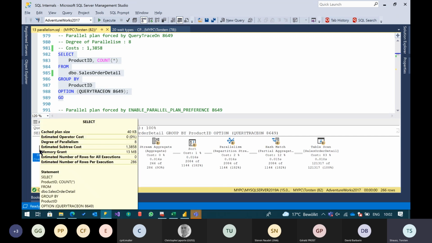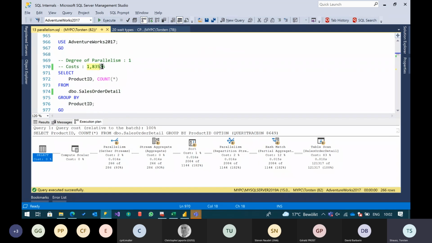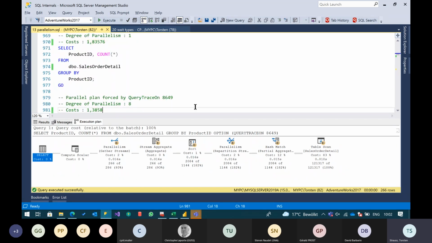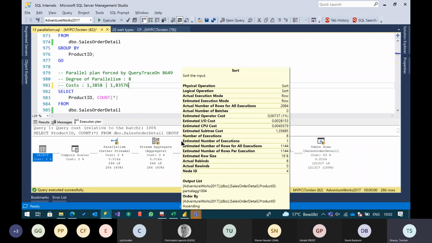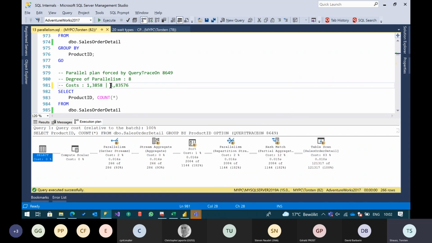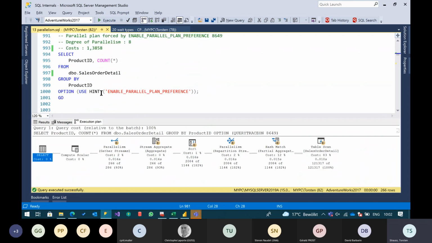You can see the degree of parallelism is 8, and the estimated subtree cost is about 1.3858, which is almost the same. The cost reduction is definitely negligible. It is not worth allocating 8 threads for the same query just to save 0.5 costs. It's definitely nothing you should worry about.